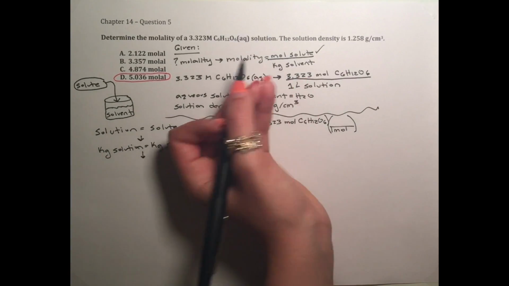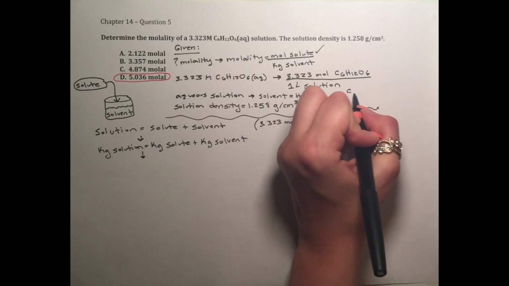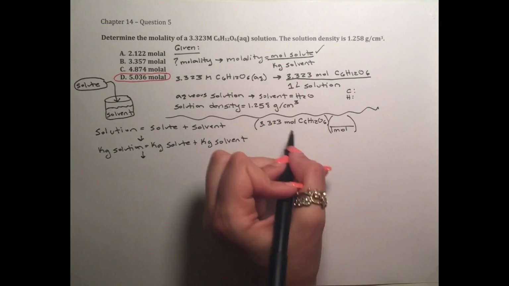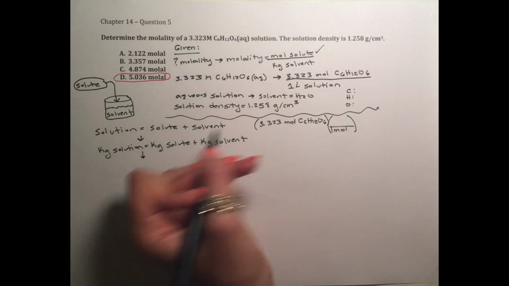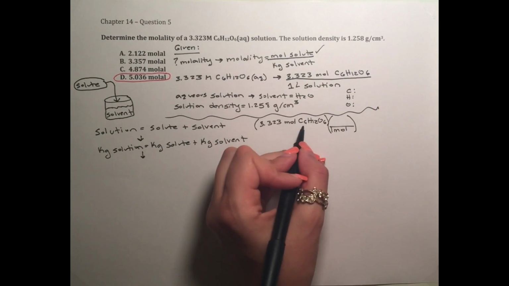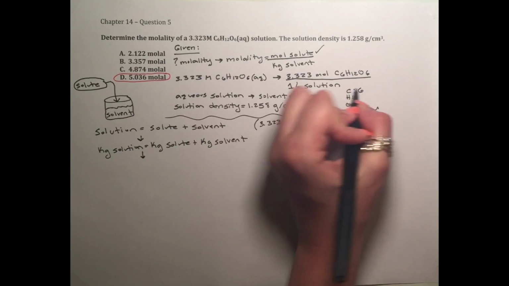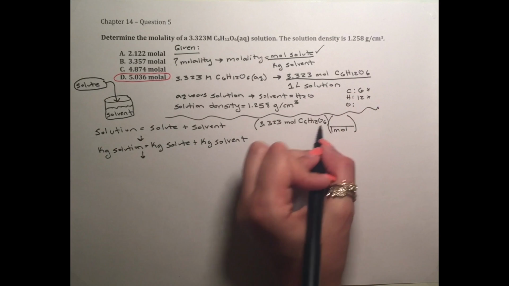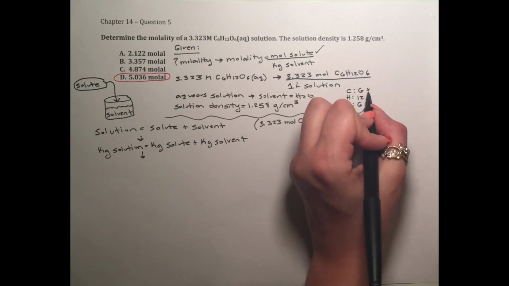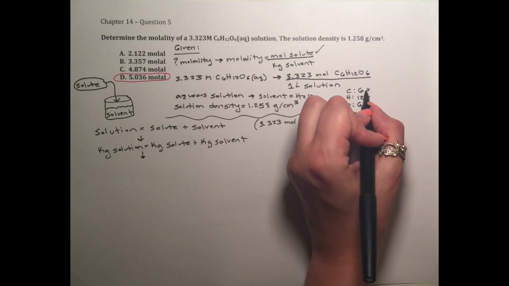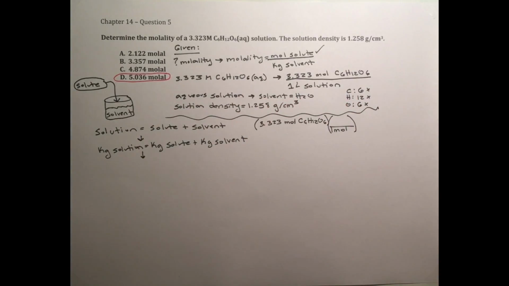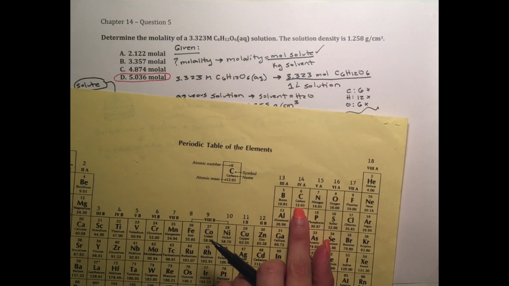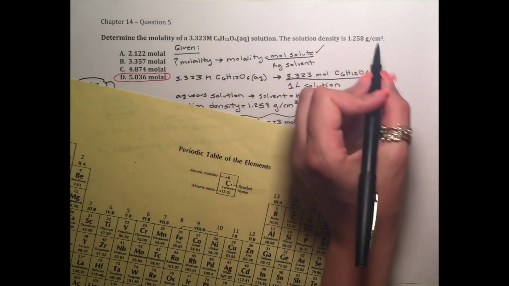So this is the way I like to write it out in order to solve. We have C, H, and O. So we have CHO. We have 6 C's, 12 H's, and 6 O's. Now I'm going to multiply the number by its molar mass. So for C, we have a molar mass of 12.